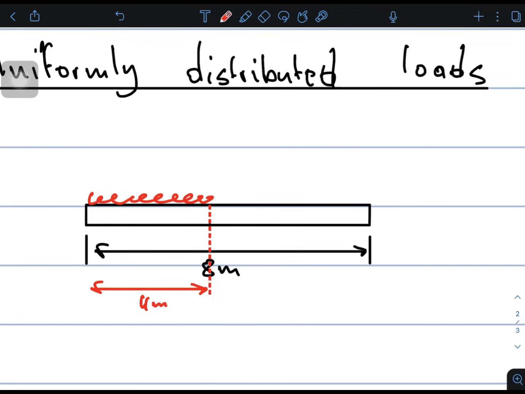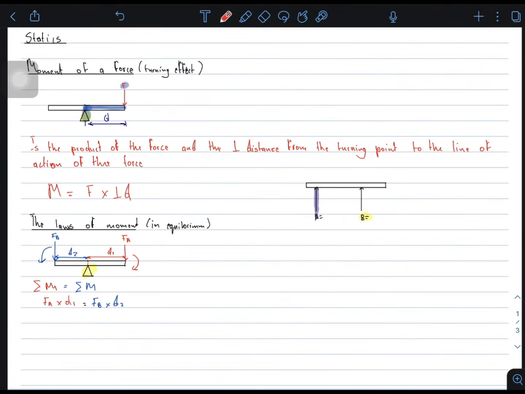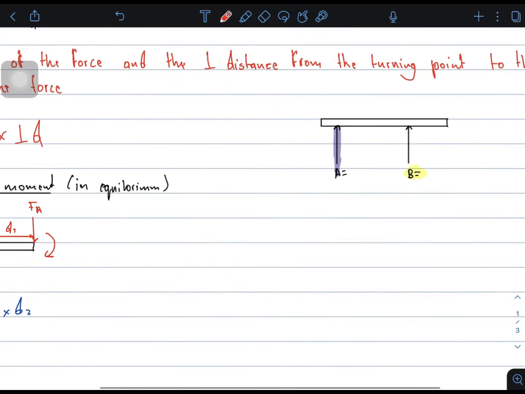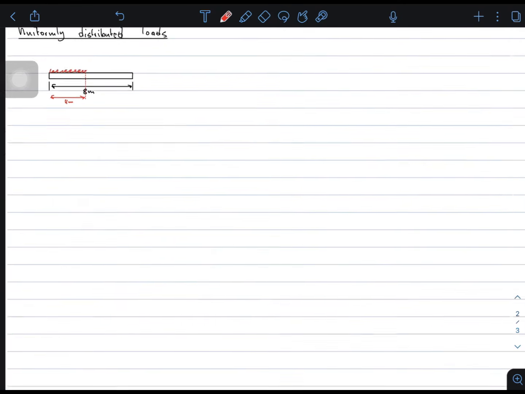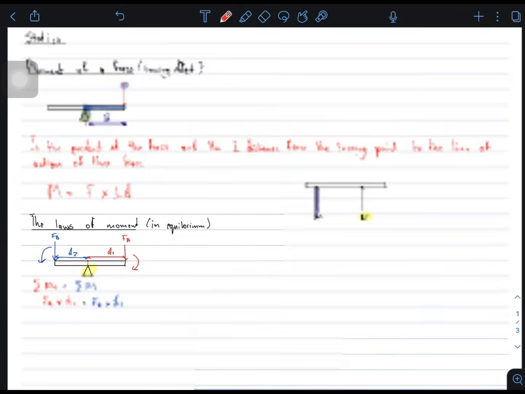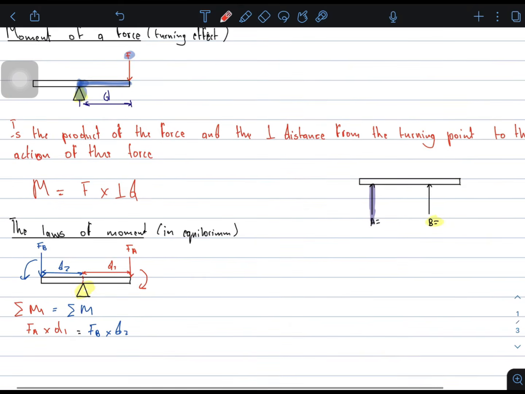Okay, guys, as far as I have been going in this question in terms of forces, I have only been referring to a concentrated load. That means the line of action of that force is concentrated at one particular point.